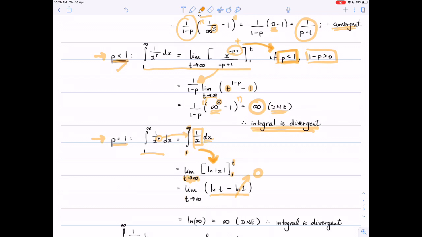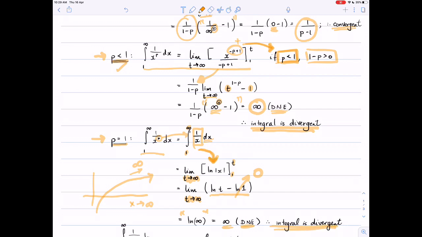The limit as t goes to infinity is the ln of infinity, which we had seen in a previous video, and you should have seen in Cal 1: as x goes to infinity, the logarithm also grows. Slowly, mind you, but it grows to infinity. And so that limit does not exist, and the integral is divergent again.